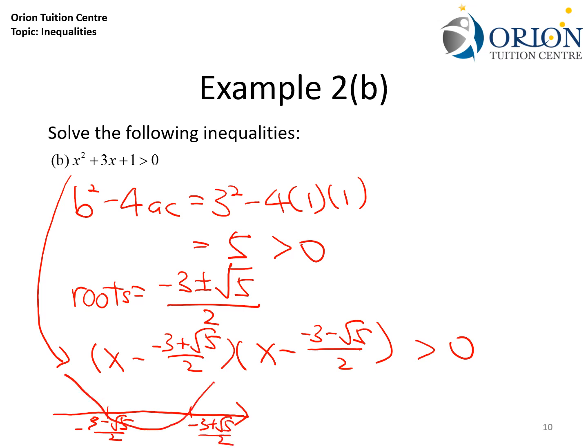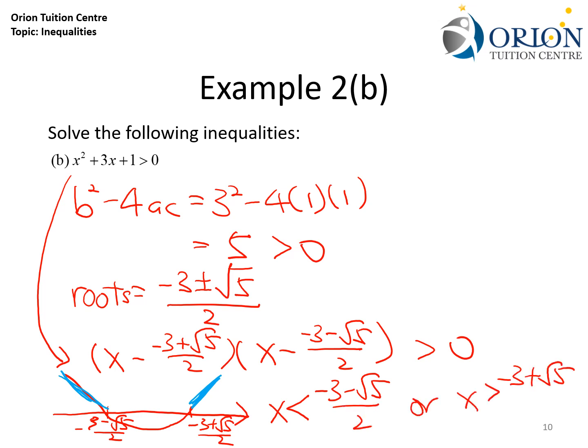For the part that is more than 0, we are looking at here and here, which tells us that the solution to this inequality will be x less than (-3 - square root 5)/2, or x more than (-3 + square root 5)/2.